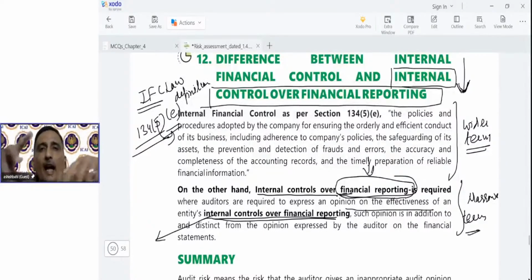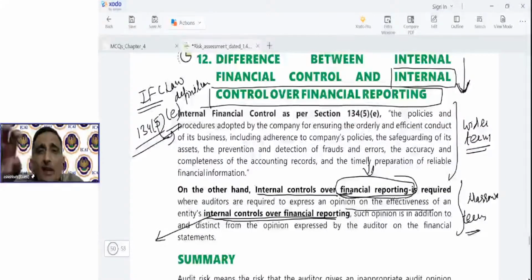Okay, and as far as internal financial controls and internal controls over financial reporting are concerned, these are not two same terms. Internal financial control is a wider term, whereas internal control over financial reporting is narrower in its scope.